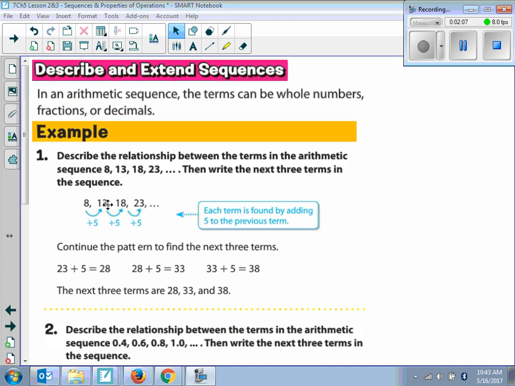So 8 plus 5 is 13, 13 plus 5 is 18, and so on. To get to the next 3 terms, you add 23 plus 5, which gives me 28. Then add 5 to 28 to get 33, and add 5 to 33 to get 38. So the next 3 terms are 28, 33, and 38.